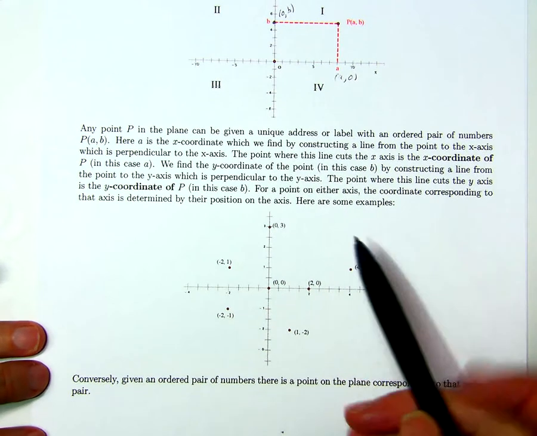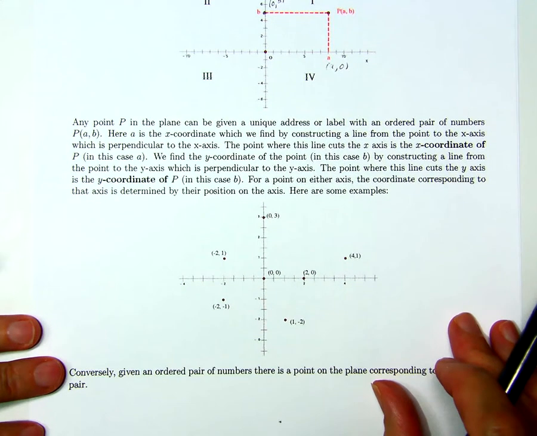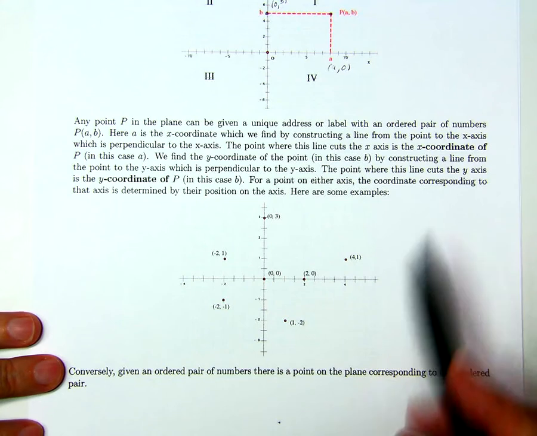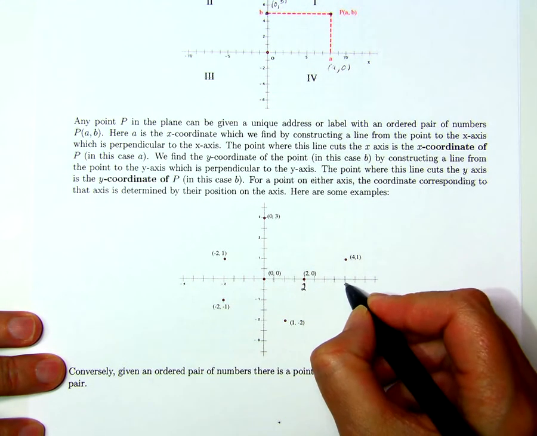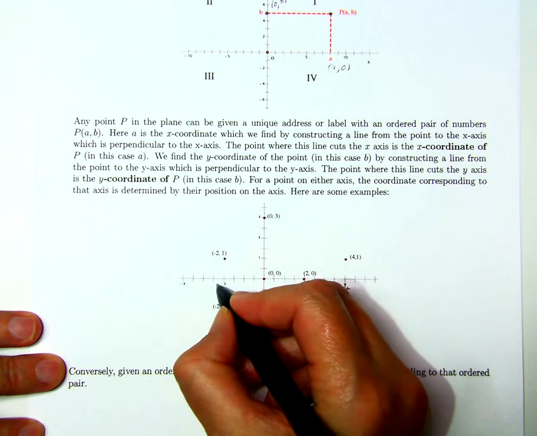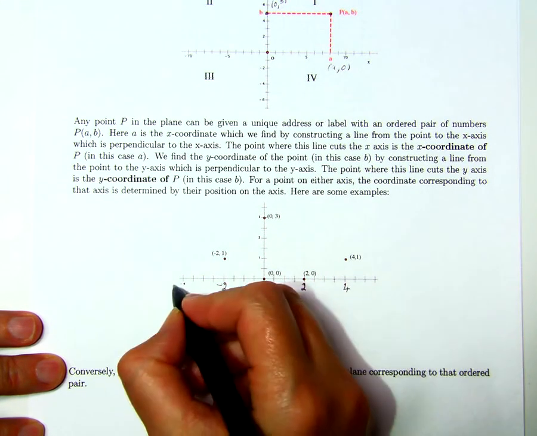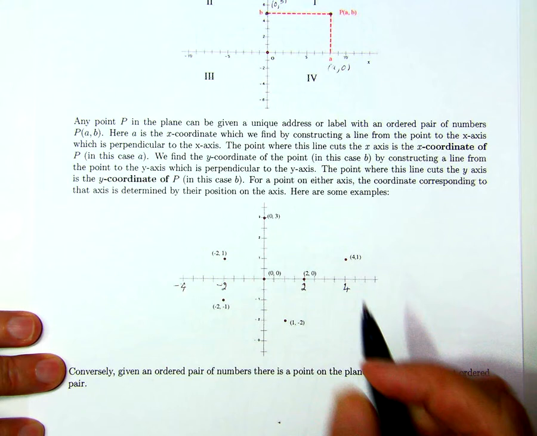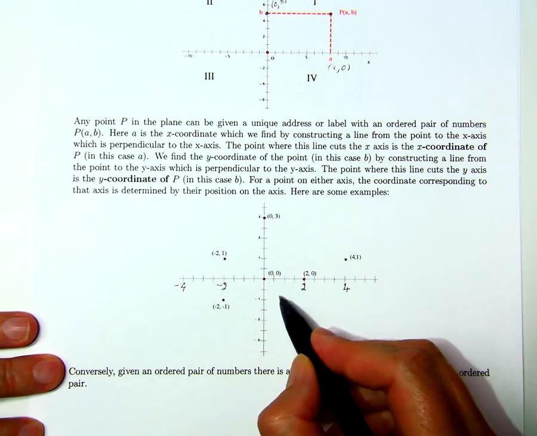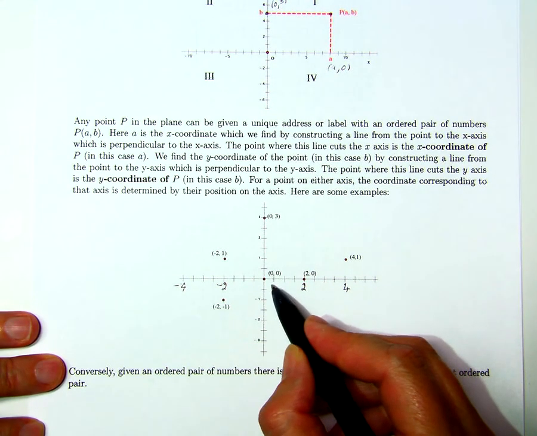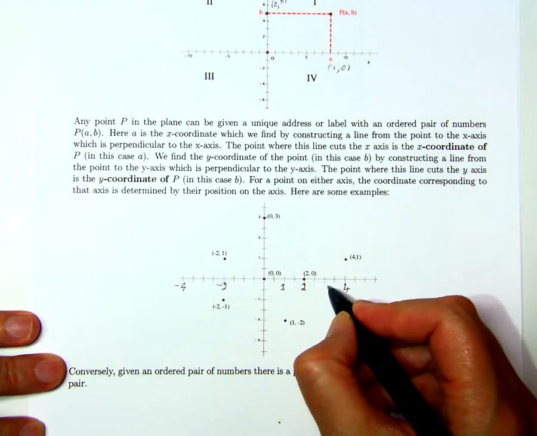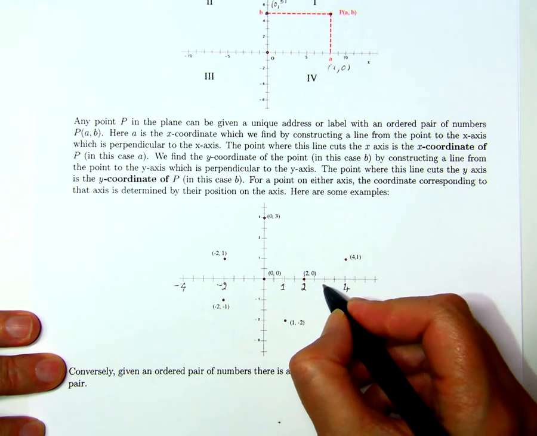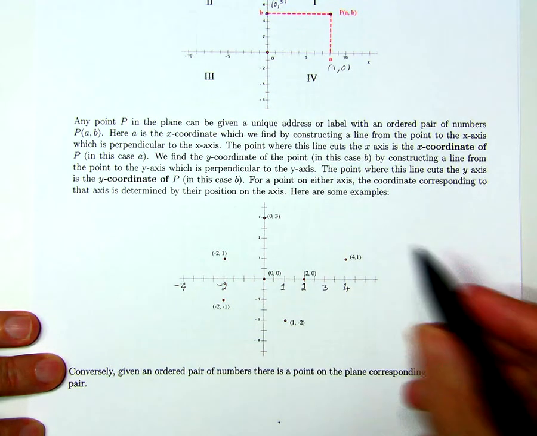Here are some examples of points and their coordinates. Maybe difficult to see this, but this is a 2, and this is a 4, and this is -2, -4. So these markers on the x-axis occur at each half unit. So this would be 1, 2, 3, and 4. This point is 4, 1.